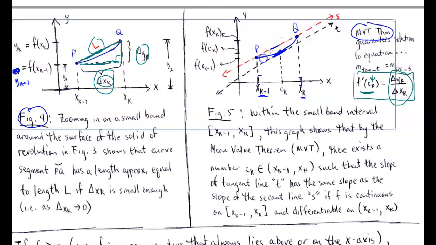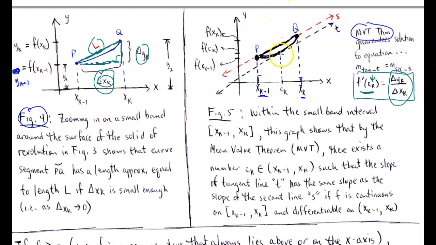So essentially, this curve that we have here from point P to point Q, if we pick it to be so small that even if we zoom down, this small curve looks like this straight line here, okay?